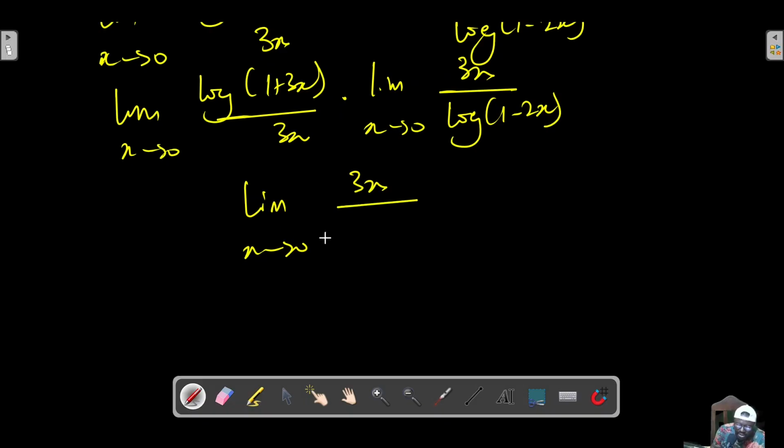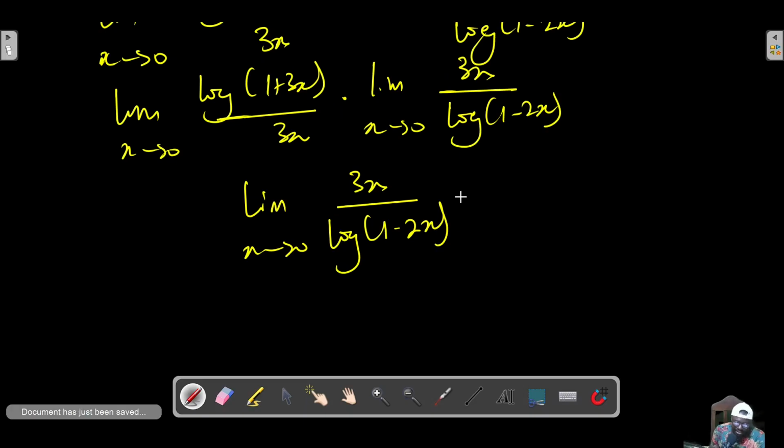So the limit as x approaches 0 of 3x over log(1 - 2x) can also be manipulated. There's one thing I can do.